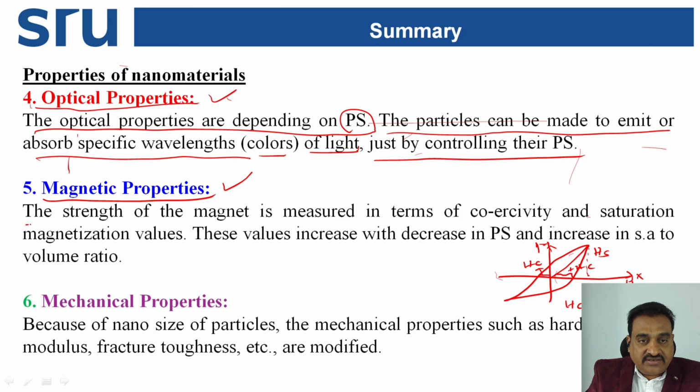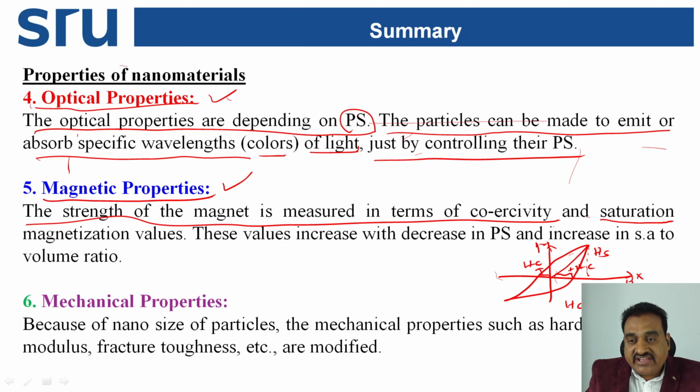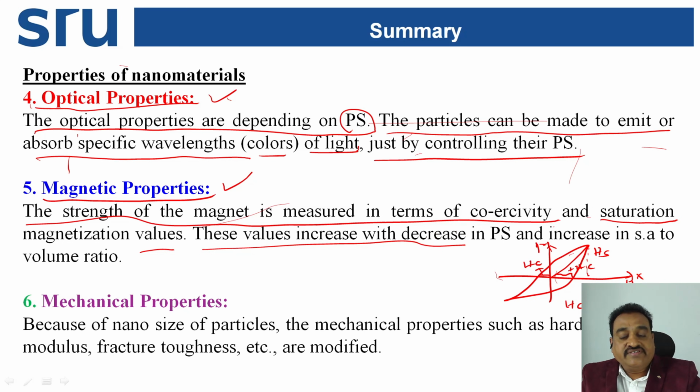What I am saying here, the strength of the magnet is measured in terms of coercivity Hc and saturation magnetization Ms values. These values increase with decrease in particle size and increase in surface area to volume ratio.